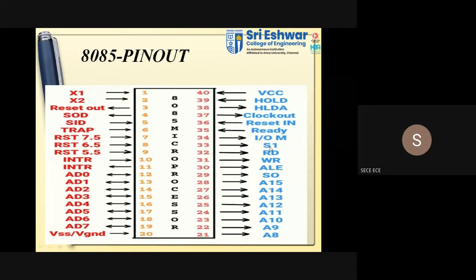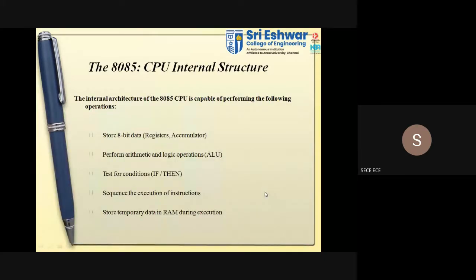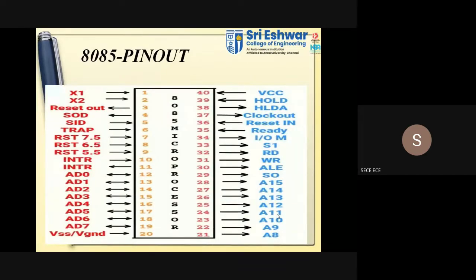Next we have S1 and S0. These two are status signals which give the status of the microprocessor. And here we have read signal, write signal, ALE signal, followed by addresses, A15 to A8. So how many address lines do we have in total?